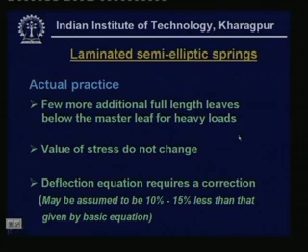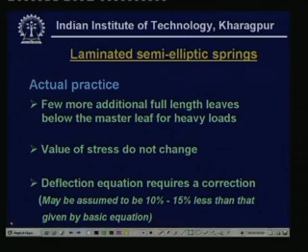Next we would like to discuss something about the actual practice. What is the actual practice? We have seen that this particular shape of the leaf is cut and put in as a lamination.